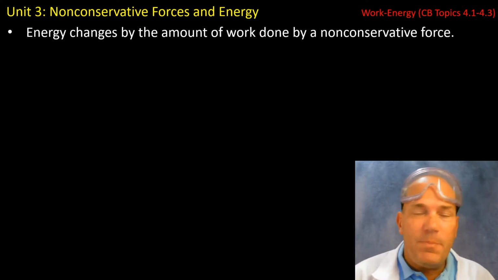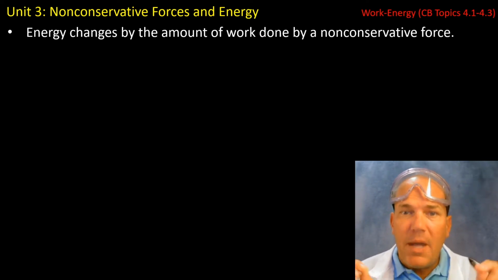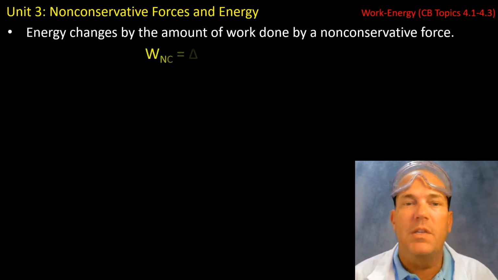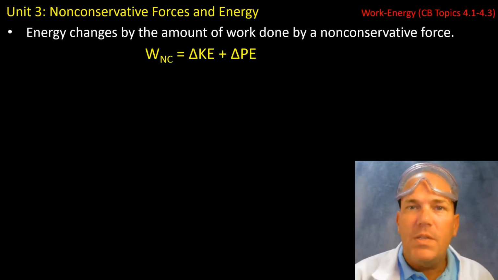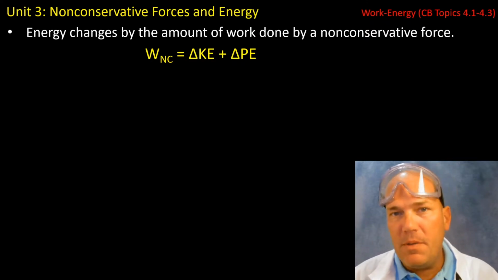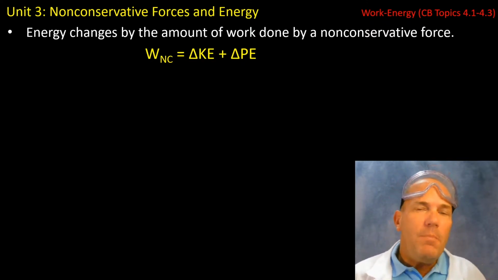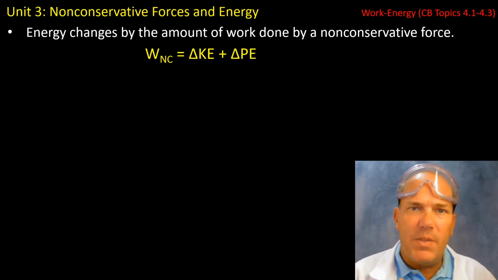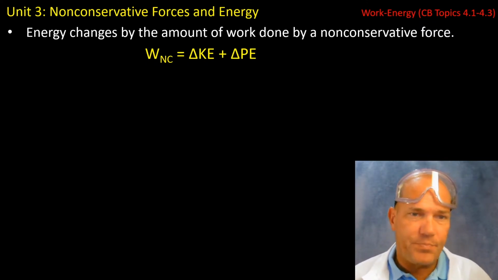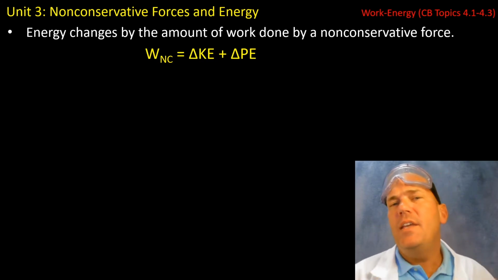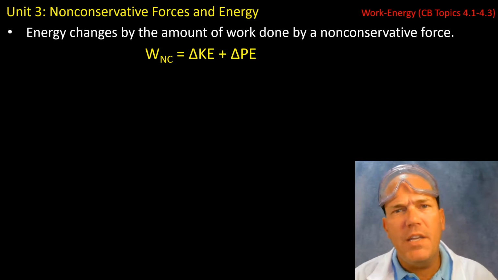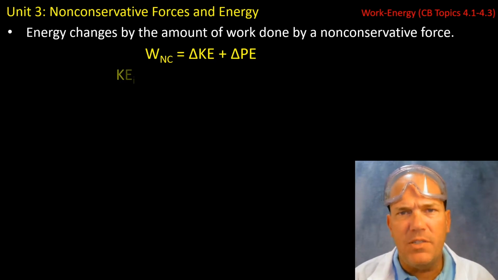Energy changes precisely by the amount of work done by a non-conservative force. So we will denote this work with a subscript of NC. And remember that mechanical energy is the sum of both kinetic and potential energies. So when we say the change in mechanical energy, we're referencing kinetic and potential energies.